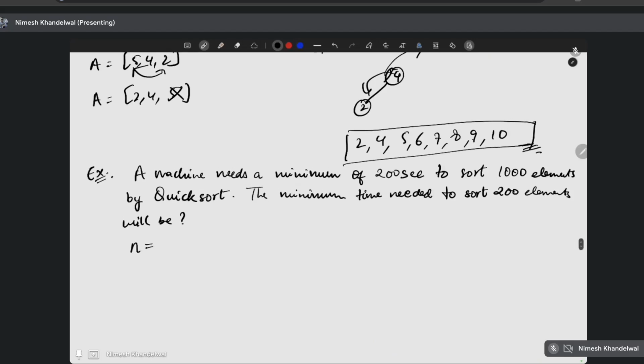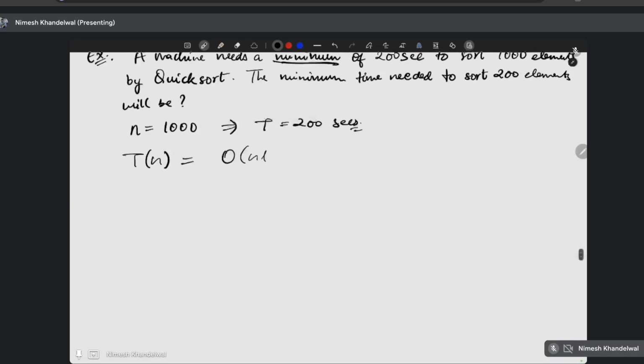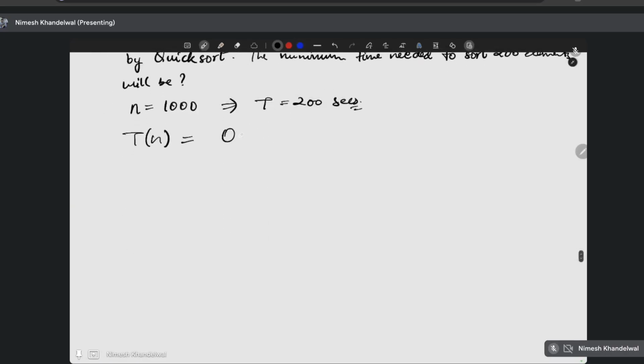So for 1000 elements, the time is 200 seconds. And since this is a minimum time, it means it is the best case time complexity, right? So we know that for the best case, it is n log n.